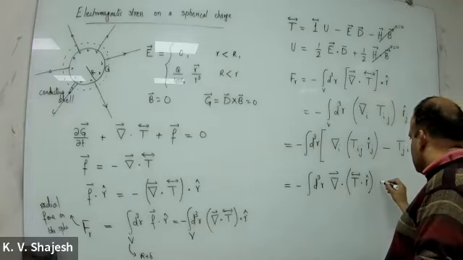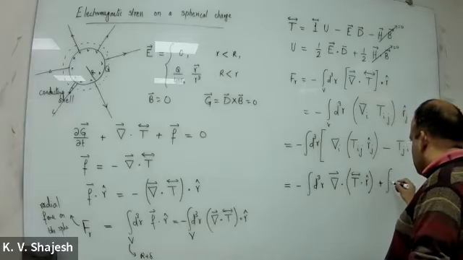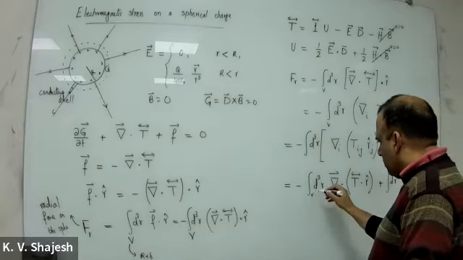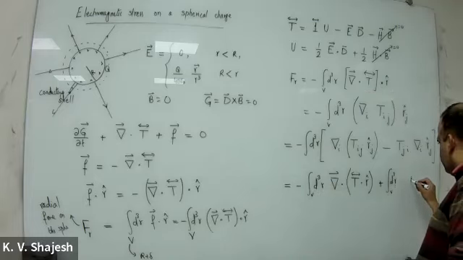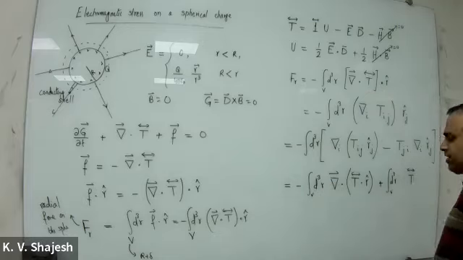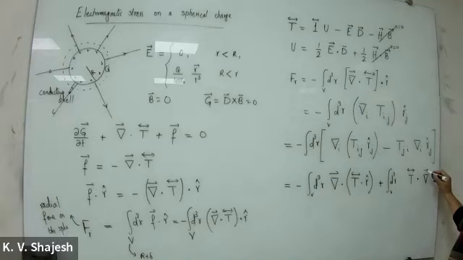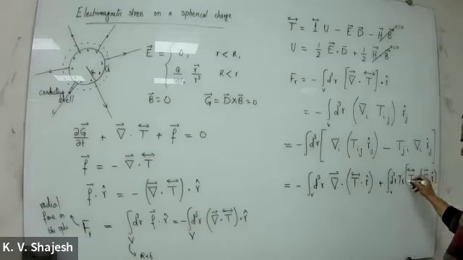But it involves d cube r, again a volume integral, and this is the matrix T, or the dyadic T, dotted with a dyadic acting on r hat, and then take the trace of it.